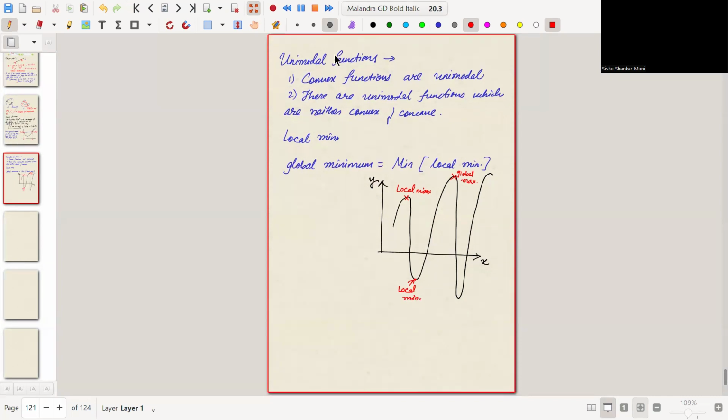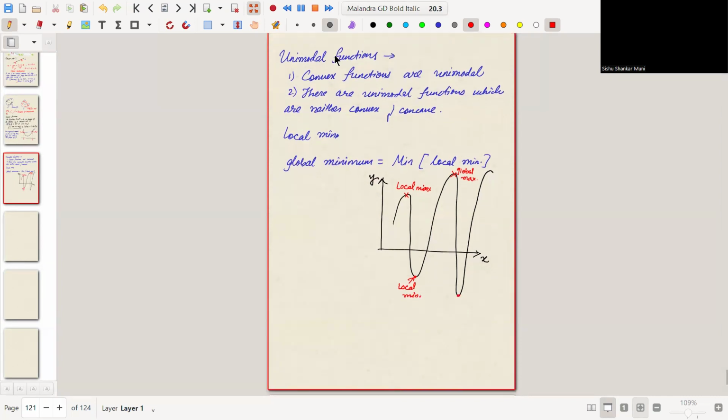Of course, this is also a local minimum, but the smallest of all the minimums is known as the global minimum.